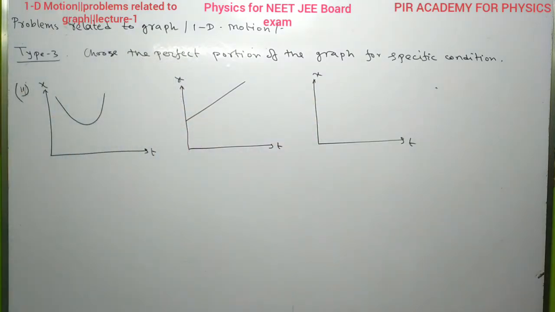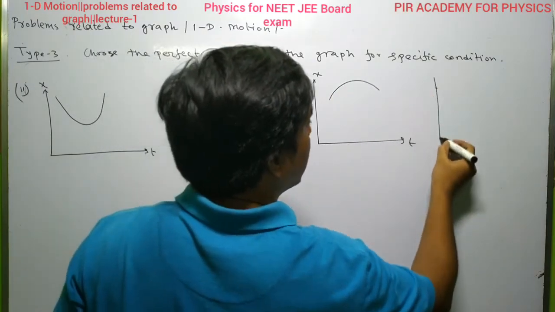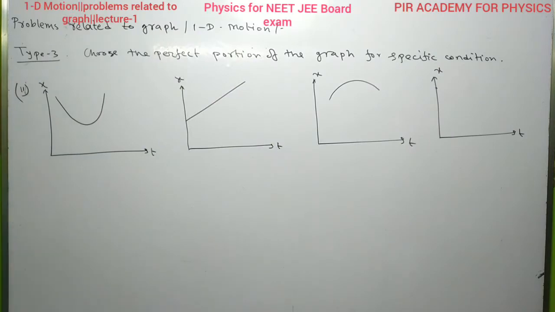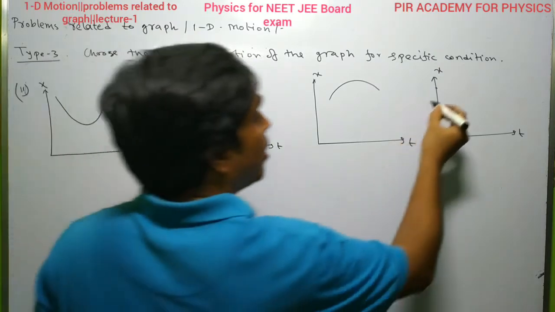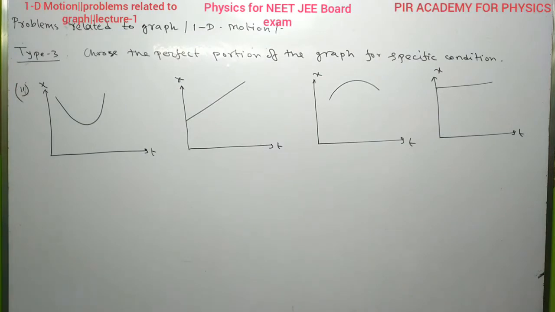If this curve looks like that and another curve is, here is t, here is x, if this curve is like this, here you have to find where the particle has zero acceleration.